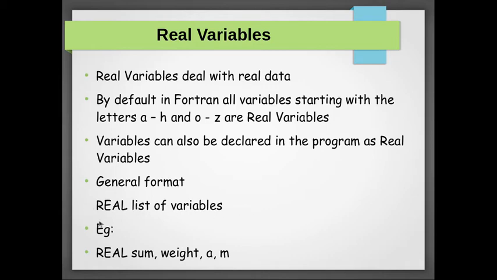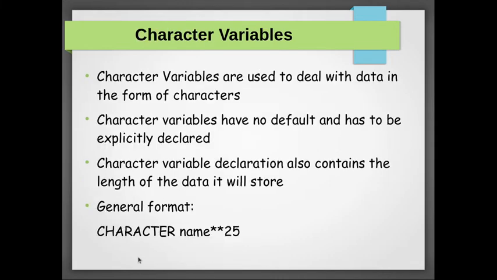Real is the declarative statement. So real sum, weight, a, m. So sum is a variable name, weight is a variable name, a and m are variable names which can store real data. Later when we actually write programs, these things will be more clear.